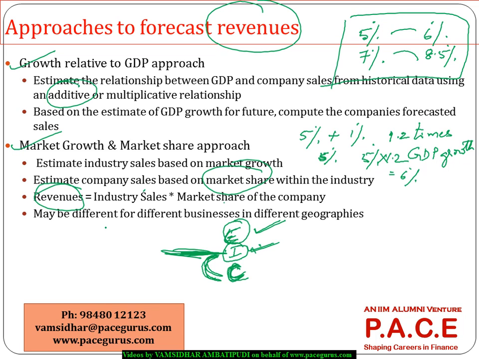Now, the good thing that might come out of this approach is, especially if I am operating with multiple business segments in multiple geographies, in each geography the industry can grow at a different rate, and in each industry the market share of the company could be different in different geographies.